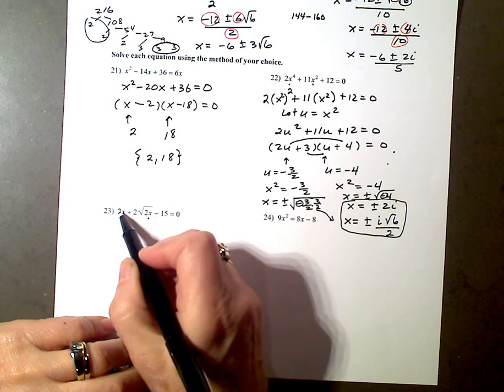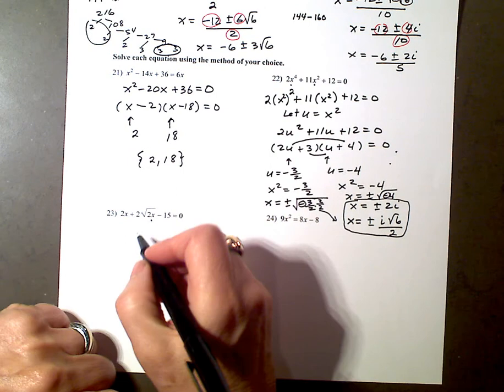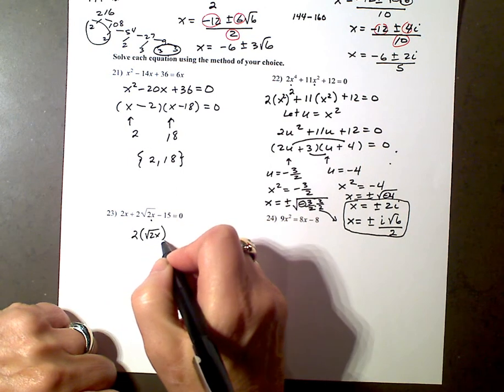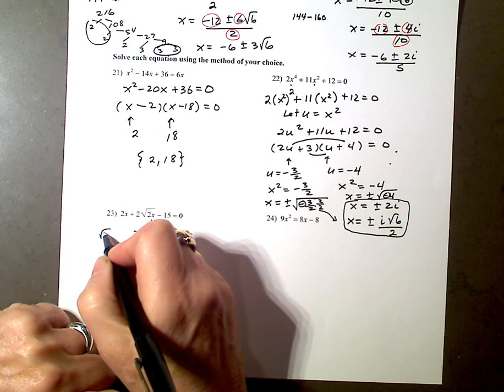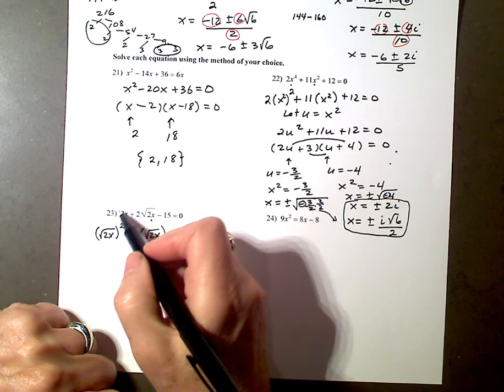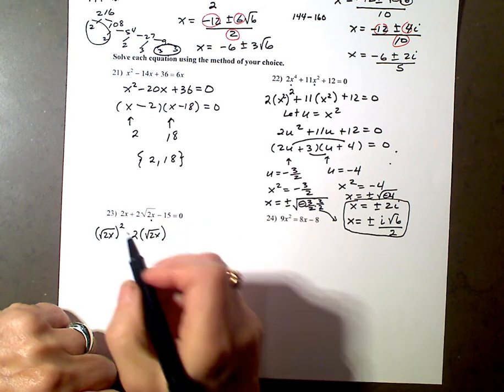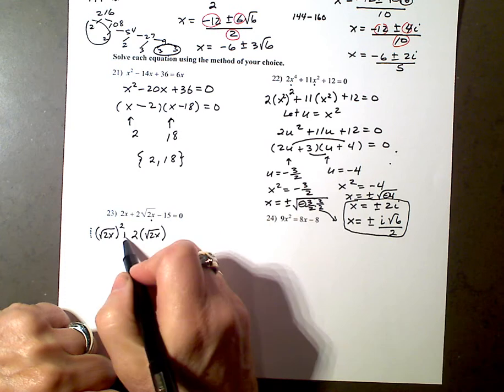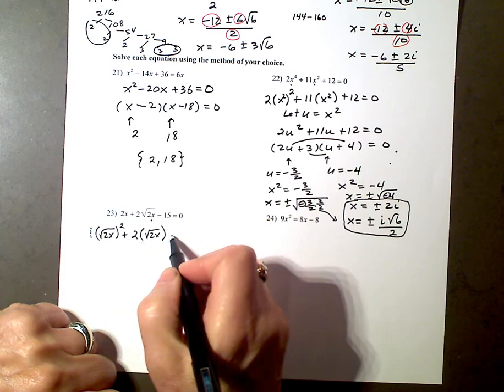If I'm going to rewrite this 2 times the square root of 2x, I can see that square root of 2x, the whole thing squared right here, because when I square this, I have a 2x. So the coefficient to that is just a 1, and then the coefficient to this is a 2, minus 15 equals 0.